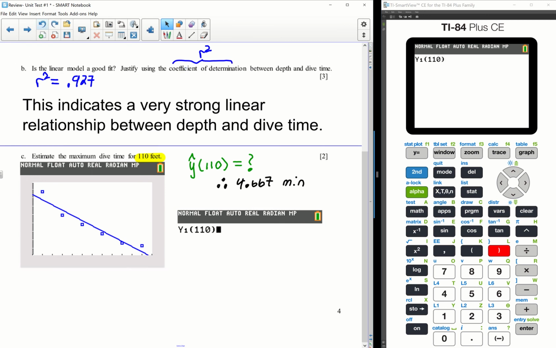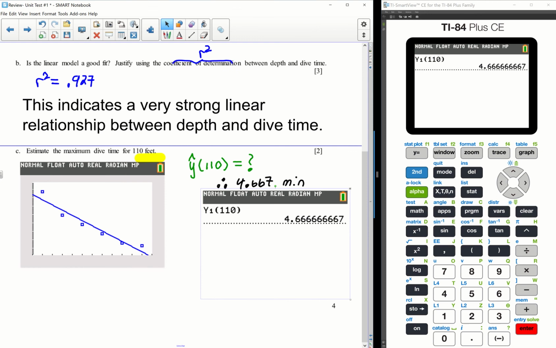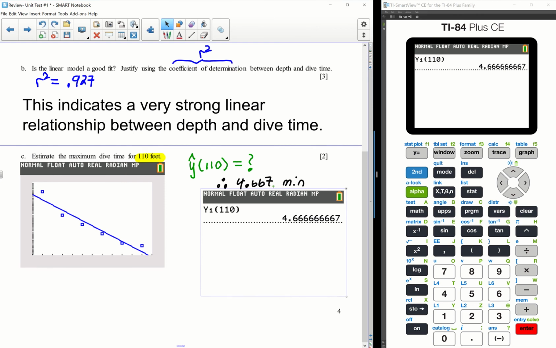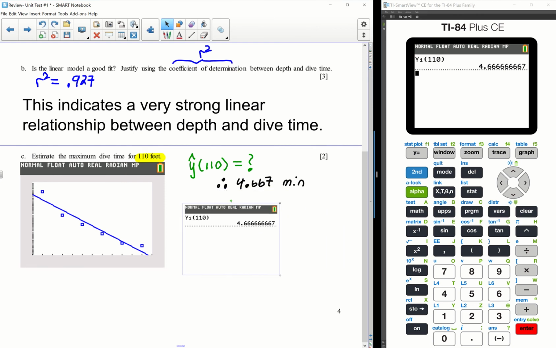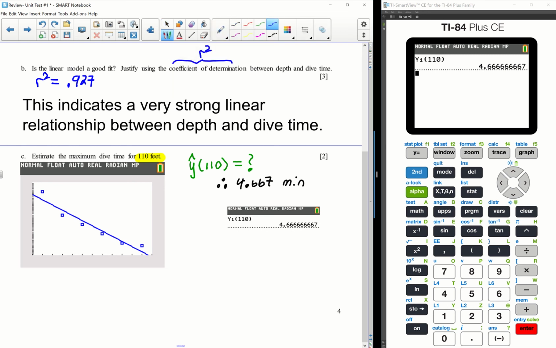This will work regardless of the window. So you could do it this way. It's just calling up y1 using the alpha trace function in your home screen.